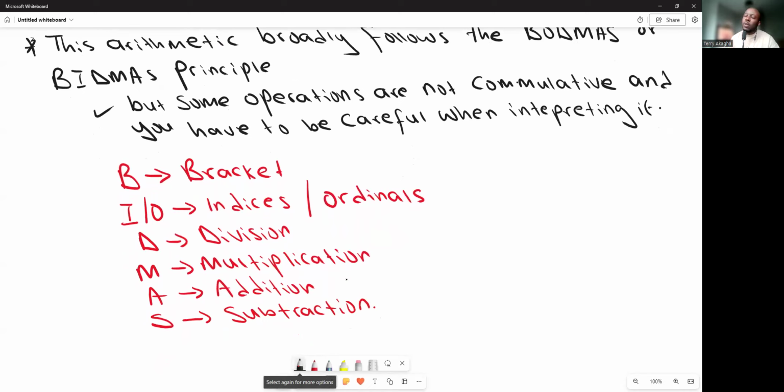Now, since we know this now, I'm going to write down the 4 steps in order to carry out matrix arithmetic. So how do you go about this? So the 4 steps you need to know when you're carrying out matrix arithmetic.